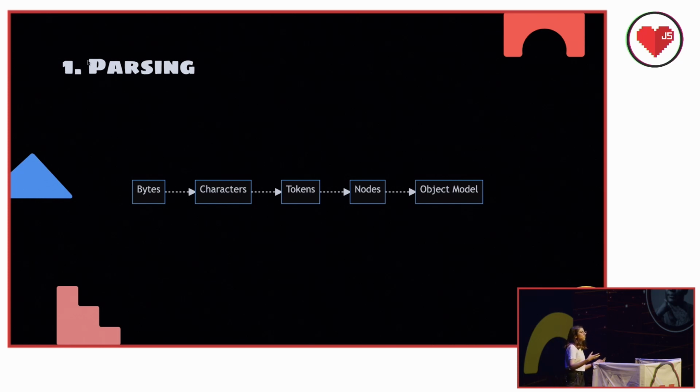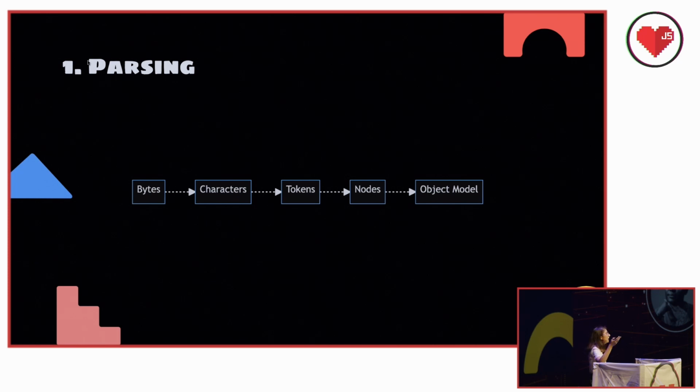When a browser receives an HTML file, first it will receive it as bytes. And then, based on the file extension, it knows it's an HTML file, so it will convert it into characters. And then since it cannot do much with characters, it will convert them into smaller, meaningful chunks named tokens, and then it will turn the tokens into JavaScript objects that we call nodes, where each object has all the information about each HTML tag.